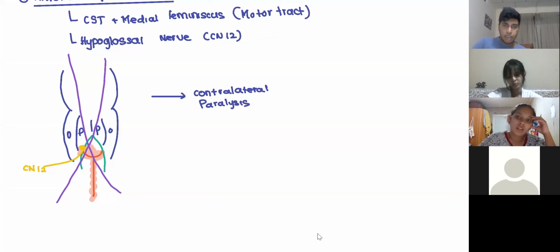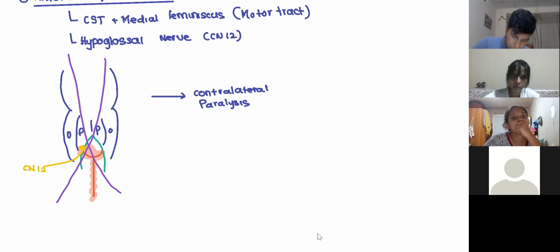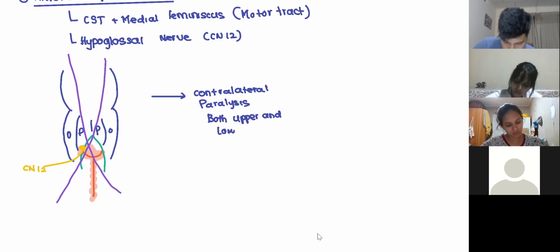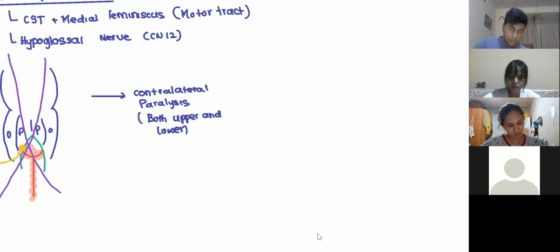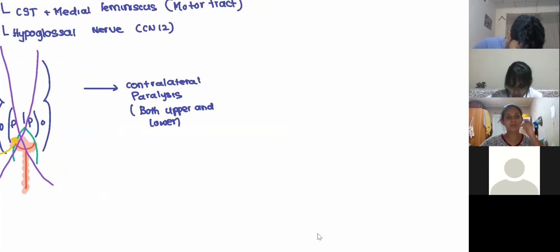Can someone tell me, are the upper limbs or the lower limbs affected or both? Both. Both upper and lower limbs are going to be affected.